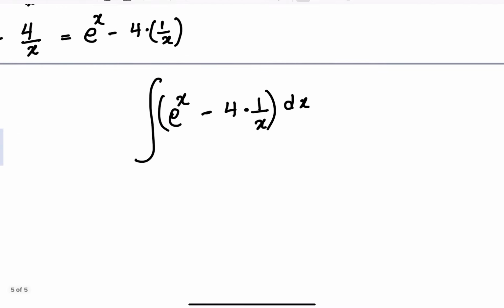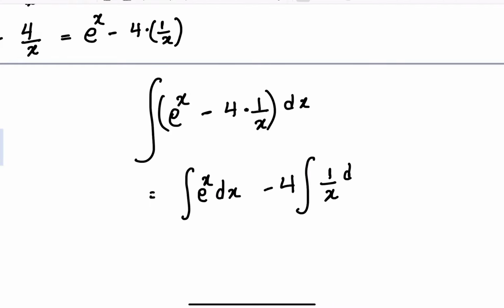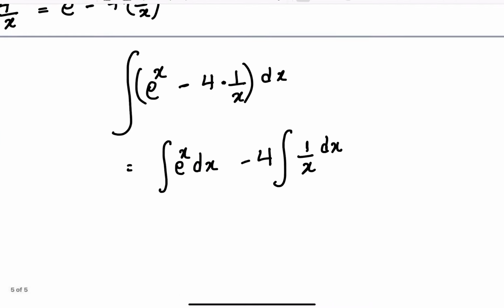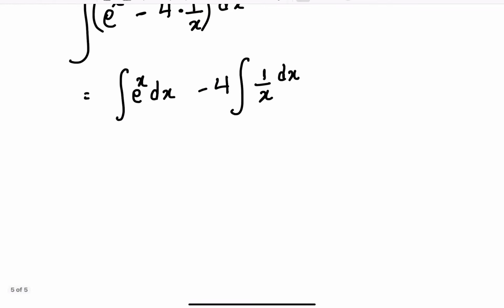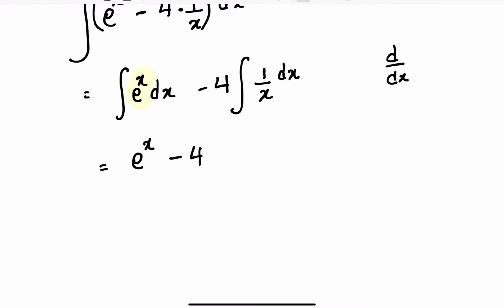As you know, I like to split them up. Integral of e to the x dx minus 4 times the integral of 1 over x dx. Do you have the formula sheet handy dandy next to you? If you do, you know the integral of e to the x is e to the x, minus 4. Again, quickly, d by dx of ln x is 1 over x.